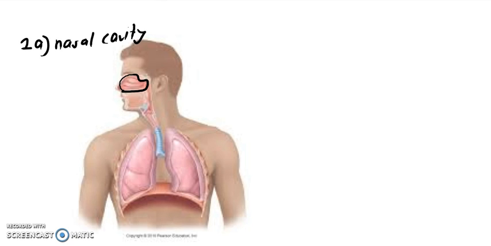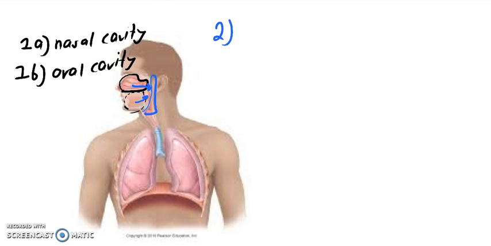Or it could come from this second cavity below. Let's call this 1B. This is the oral cavity, or just the mouth. They both converge to this back of the throat area. We call this, number 2, the pharynx.